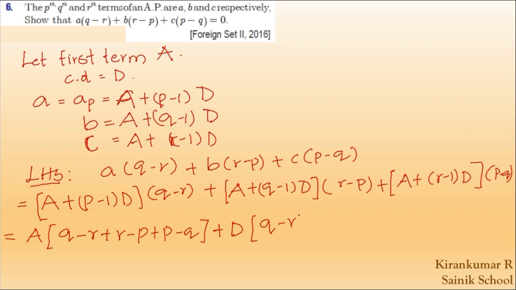I'll be getting (q minus r) multiplied by (p minus 1) added to (q minus 1) times (r minus p) plus (r minus 1) times (p minus q).